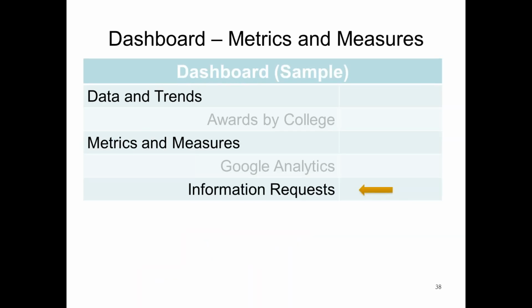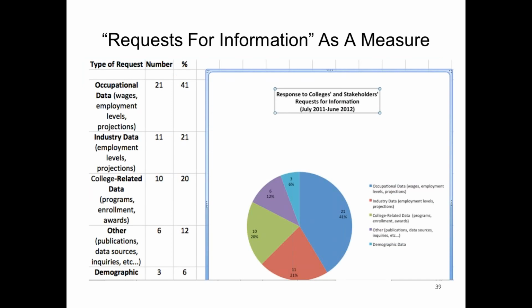What about information requests? I took this information, working with colleagues here at the Maricopa Community Colleges, and if you look at the questions they get, the requests, turn your eye to the left-hand side. Occupational data, industry data, college-related data like programs, and other things. They track this, and you can see their numbers and their percents. The title of this graph is Response to Colleges and Stakeholders' Requests for Information.